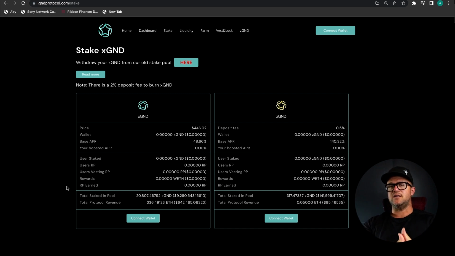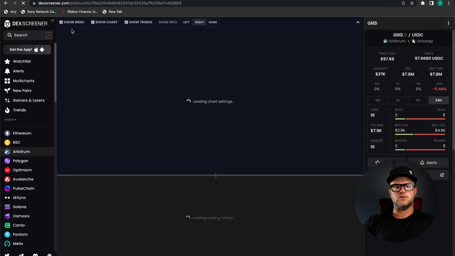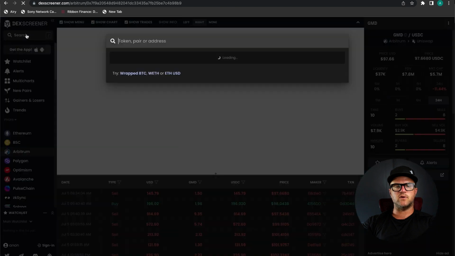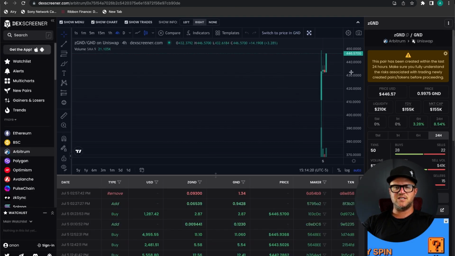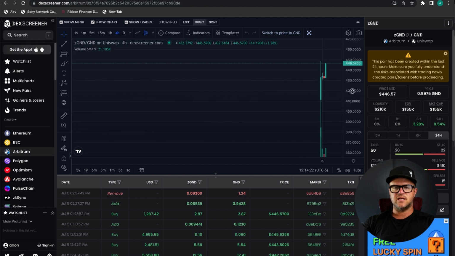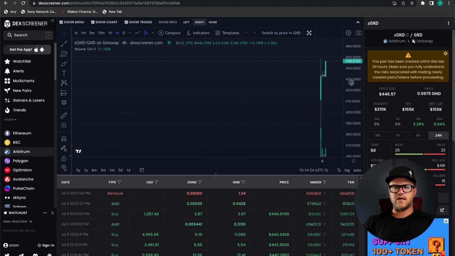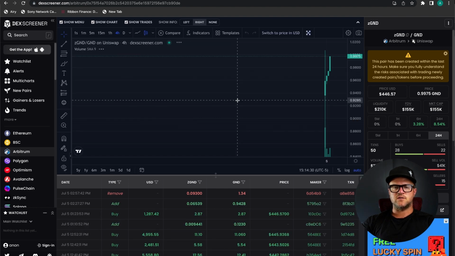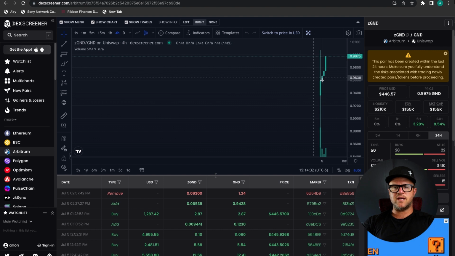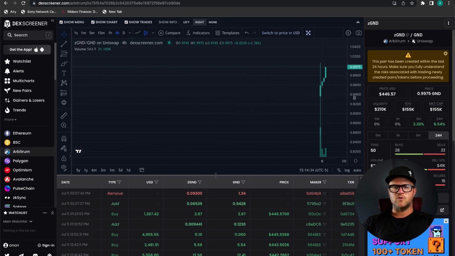actually trading near 1-to-1. In fact, let's go to the liquidity zGND pool and see what we have as far as a price here. It looks like the price of zGND is actually right at parity, I think, to GND. Let's go to the switch to price of GND. So yeah, we're right at 0.99, which is pretty great.